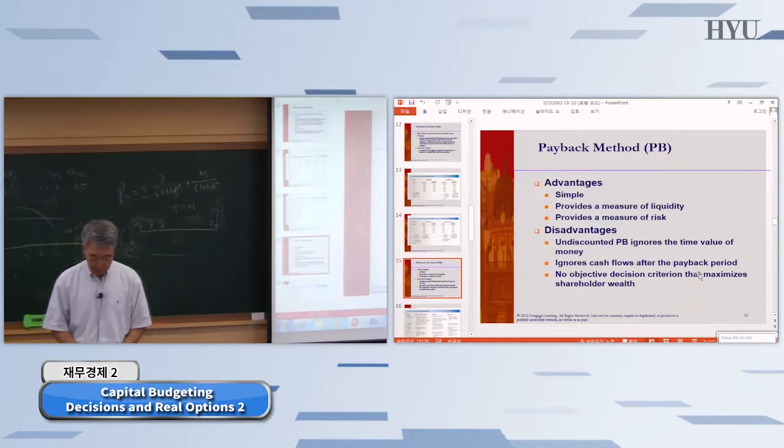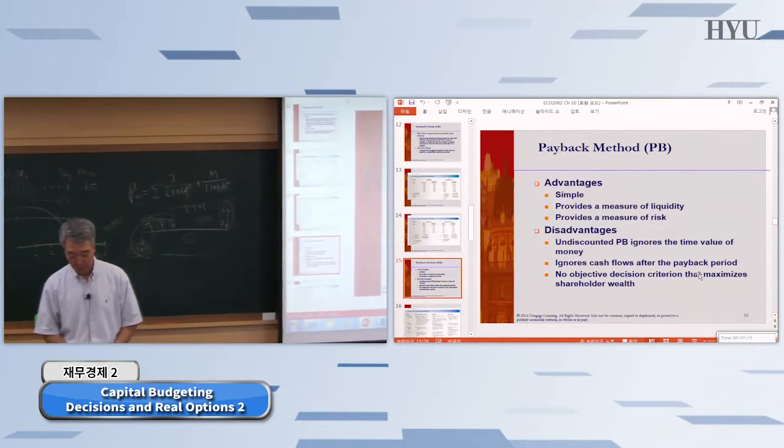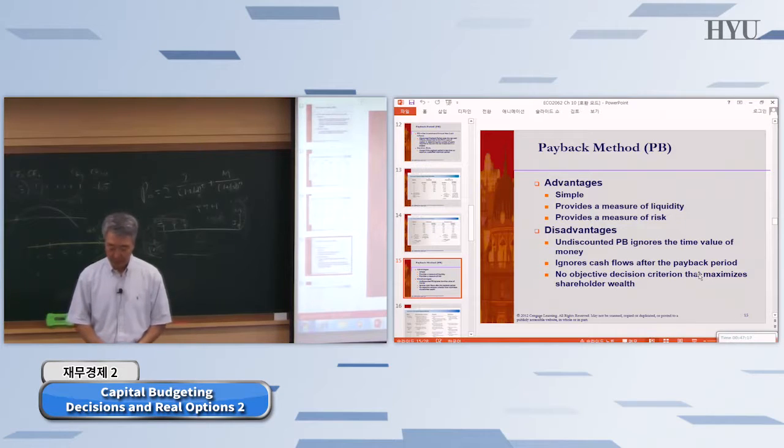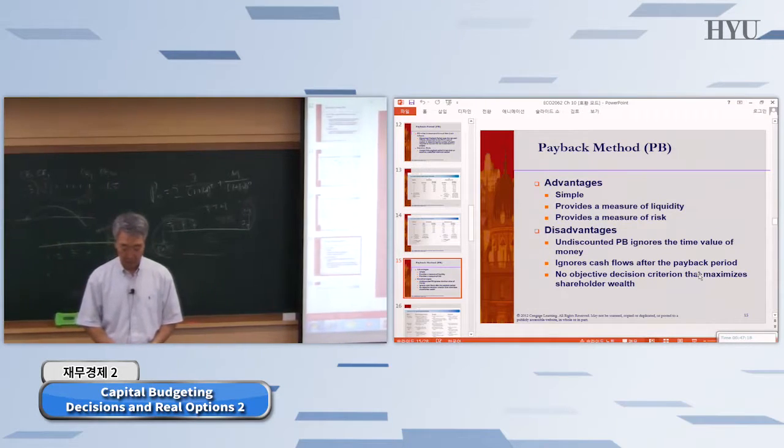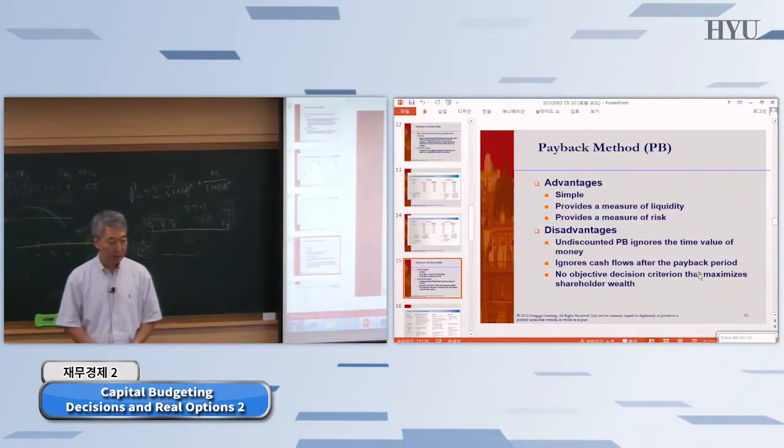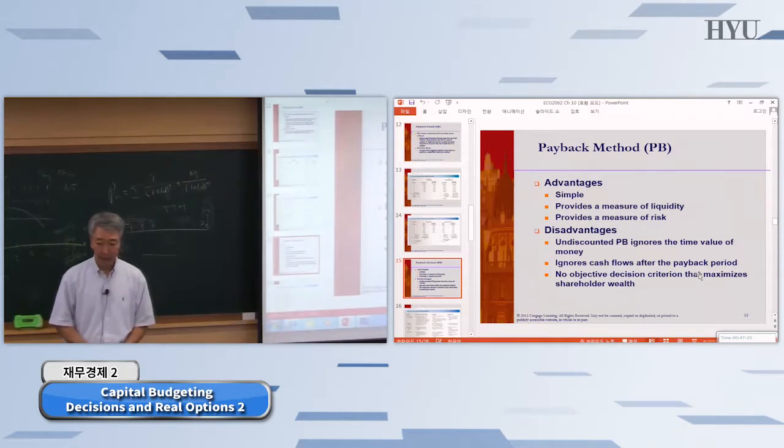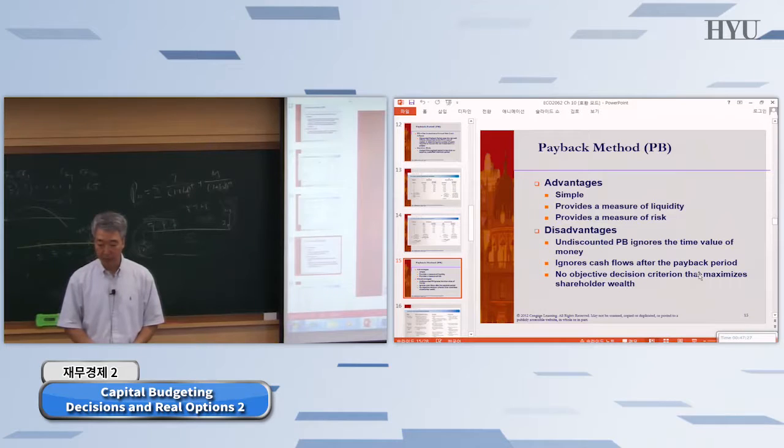So that's what this last point is about: no objective decision criterion that maximizes shareholder wealth. Again, if the company is really squeezed with money and they really need to recover the initial investment very quickly, then you can consider the payback method. But otherwise, it's not really desirable.